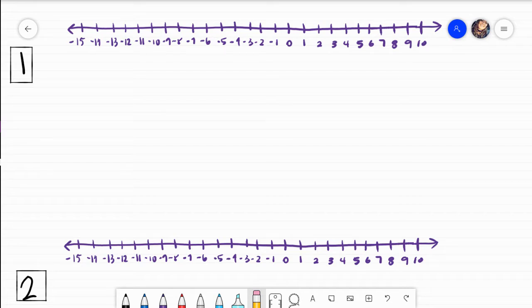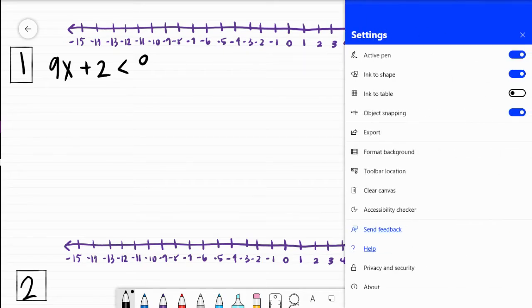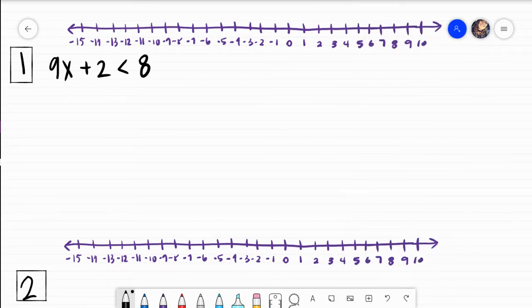So the inequality that we have is 9x + 2 less than 8x - 1.